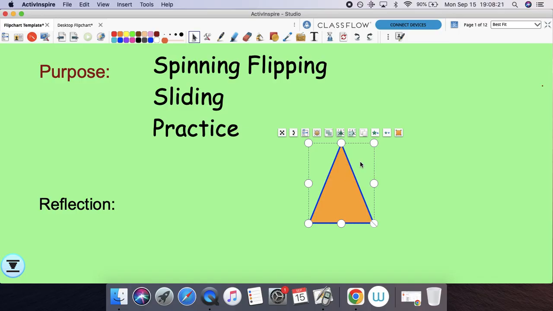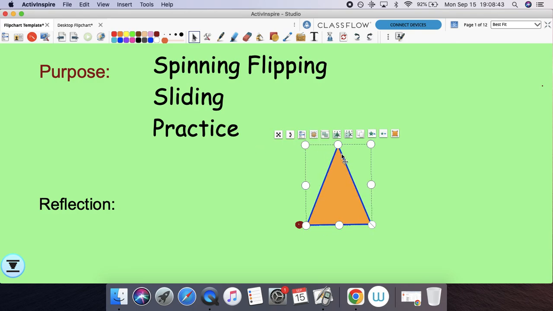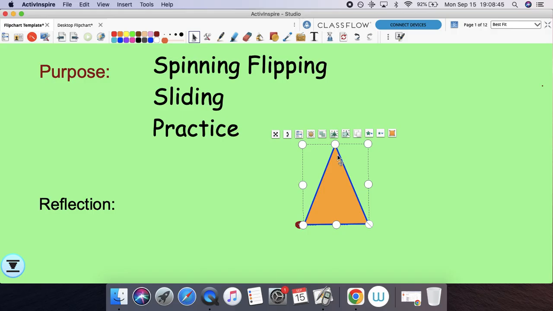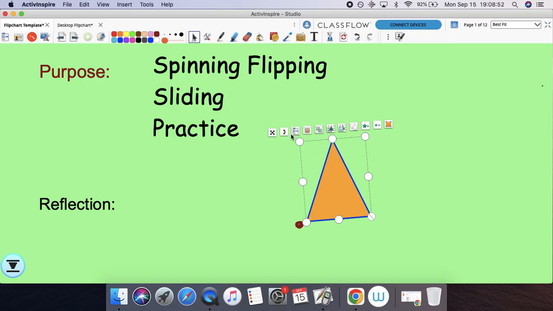In a rotation, it means I'll take this and let me draw a fixed point. So let's rotate that triangle around the fixed point. It rotates around the fixed point.